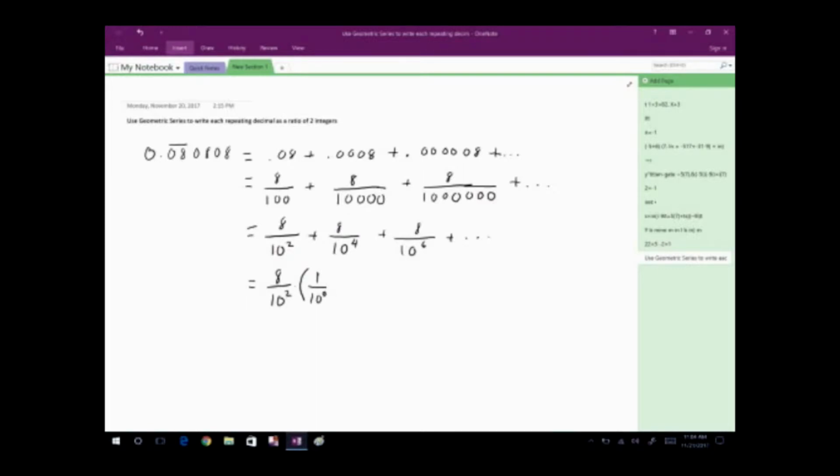Remember, if we factor it out, the powers we have to subtract, not divide. So 2 minus 2 is 0, and this one becomes 1 over 10 to the 2 power. And the next term is 1 over 10 to the 4th power, because 6 minus 2 is 4. So on and so forth.